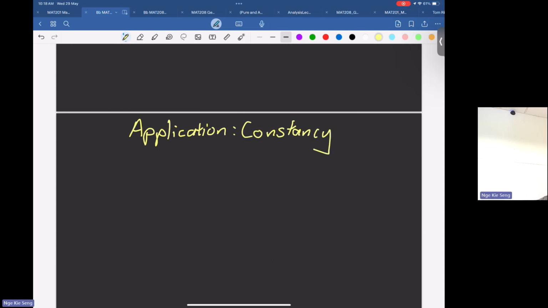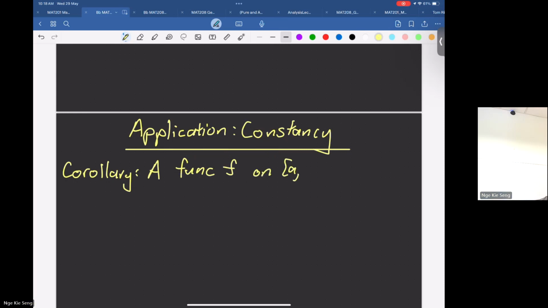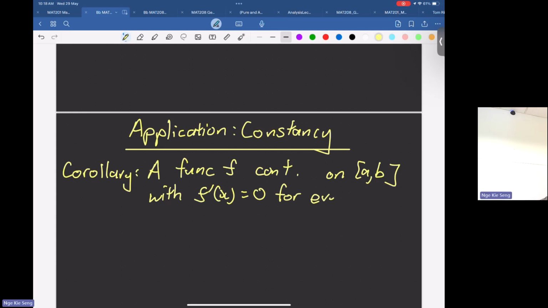What does this constancy say? Corollary: a function continuous on [A, B] with f prime x equals 0 for every point in (A, B) is constant.